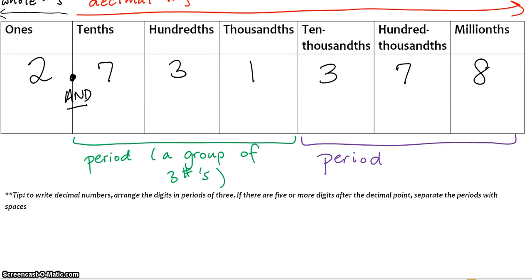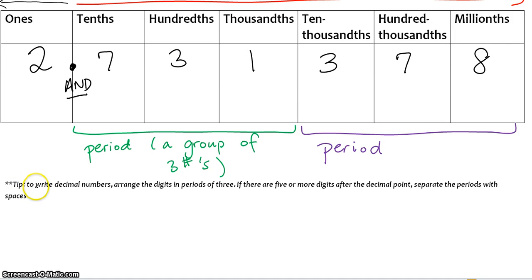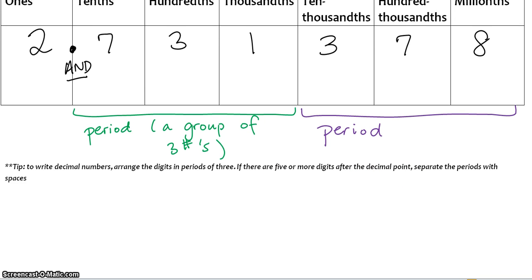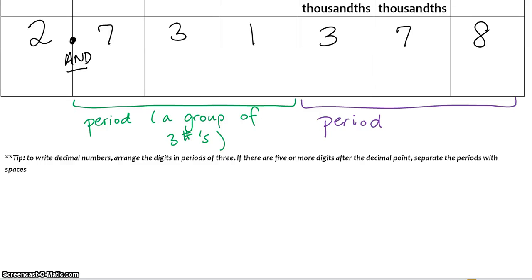So down below, I have a tip here. So to write decimal numbers, arrange the digits in periods of 3. Now, if there are 5 or more digits after the decimal point, separate the periods with spaces. Please don't use commas with decimal numbers. So for example, please avoid writing this, and don't write this down. Okay, I know in real life, like for example, when you see it on a calculator, you will see a string of digits written this way with no spaces between the periods.